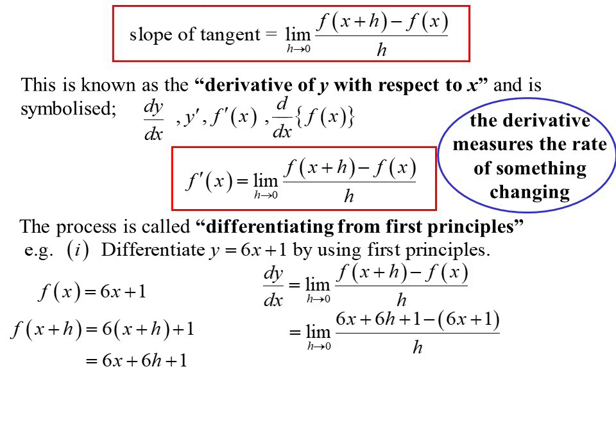Now nicely what should happen is we get a whole heap of cancelling on the top, and I get left with something like this, which I can't do a direct substitution into because I'll get 0 over 0. That's the problem with the limit. I mean, you can't physically be at the same point. However, I should get something that cancels. The h will cancel with the h, leaving me with 6. So what is the limit as h approaches 0? 6? Well, it's 6. There's nowhere to put the h. And so there's our answer. The derivative is 6. There's the slope of the tangent.